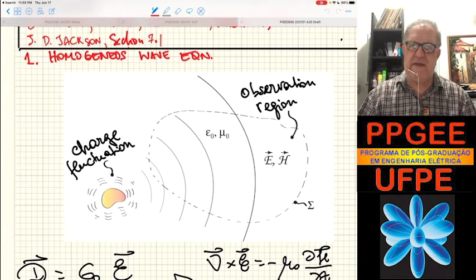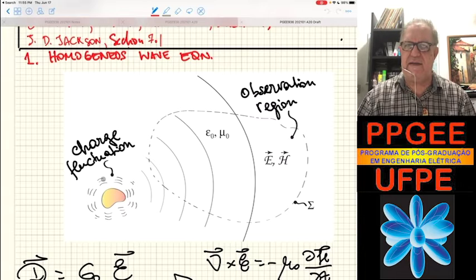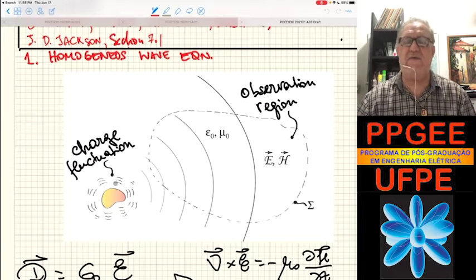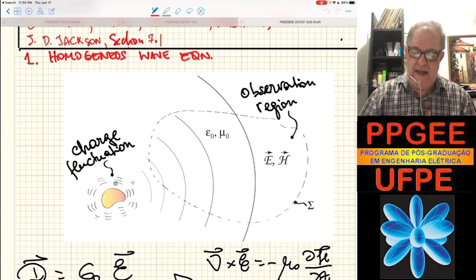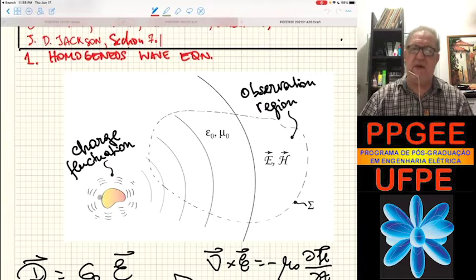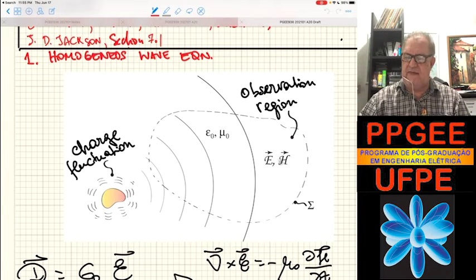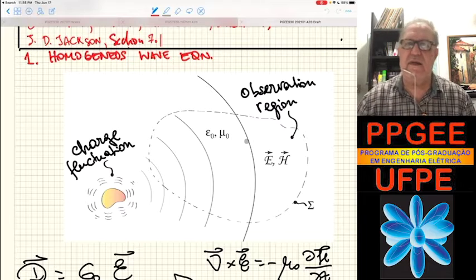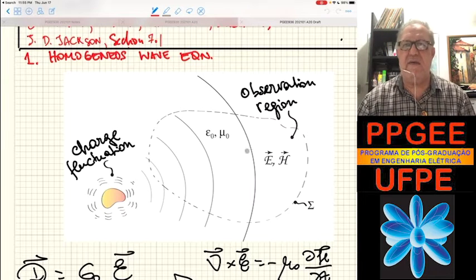So we are interested in determining how fields depend on space and time. If we have a charge fluctuation at some point in space, and we are observing the effect far away from the disturbance, then in the region we are interested in, we don't have any charge density or any current density.